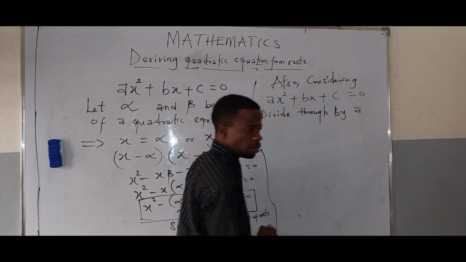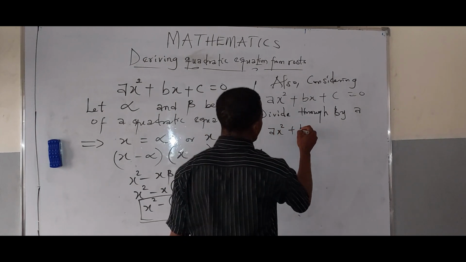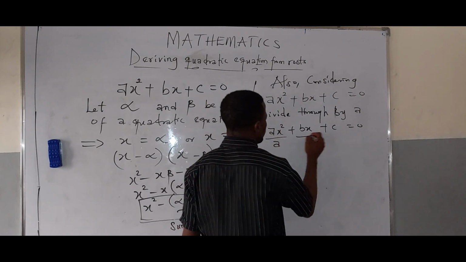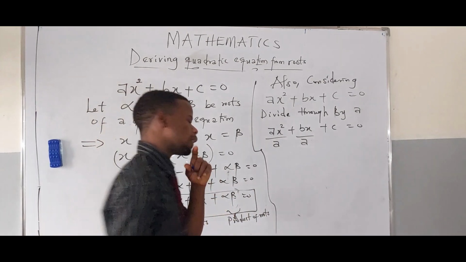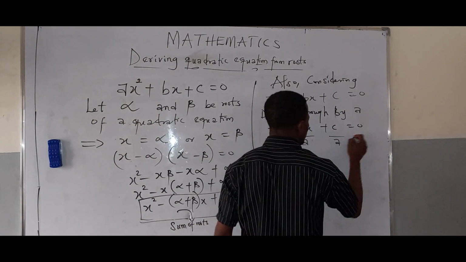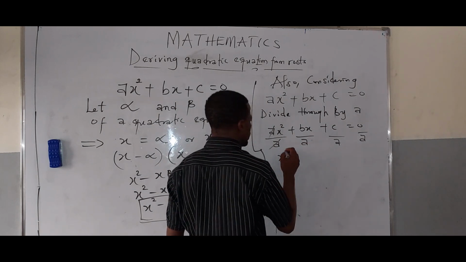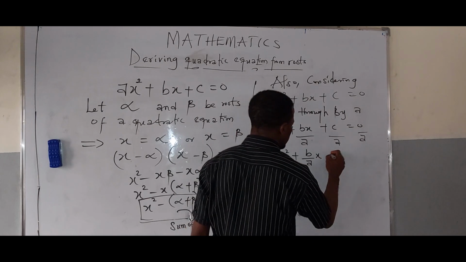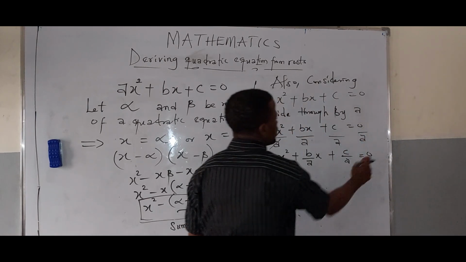I want us to generate something. We have ax squared plus bx plus c is equal to 0, divided by a. We want to make the coefficient of x squared 1. So we have this a, this cancels this. So we have x squared plus b over a x, then plus c over a is equal to 0 over a, which is 0.